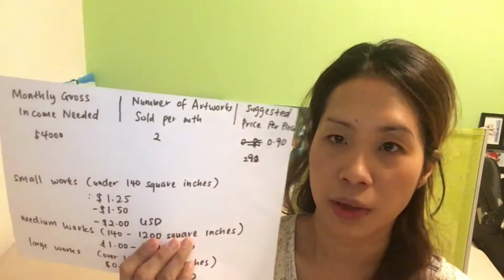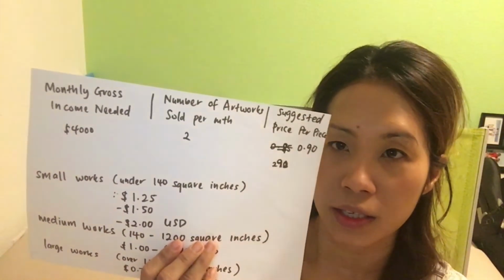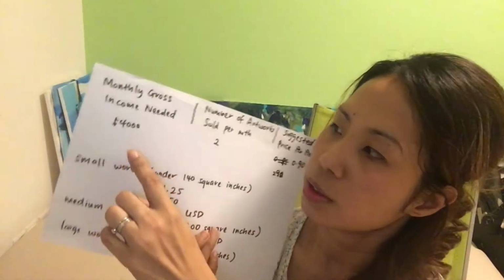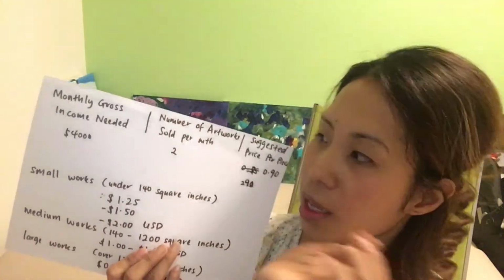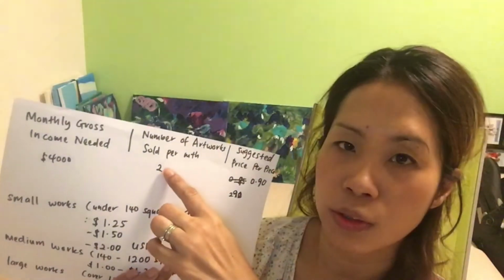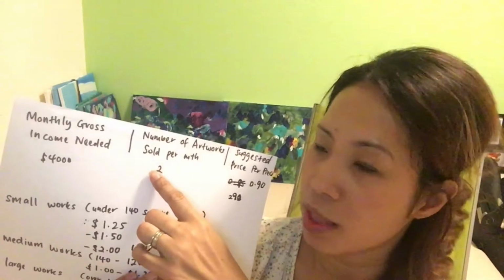Hold on. I have calculated, and I have come up with these numbers. My gross income is about 4,000, and I have sold mostly 2 paintings a month.